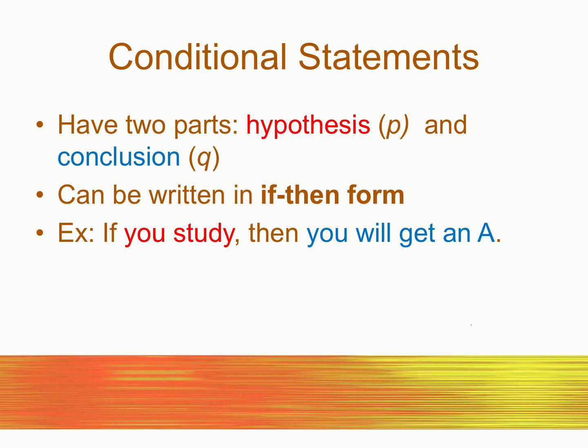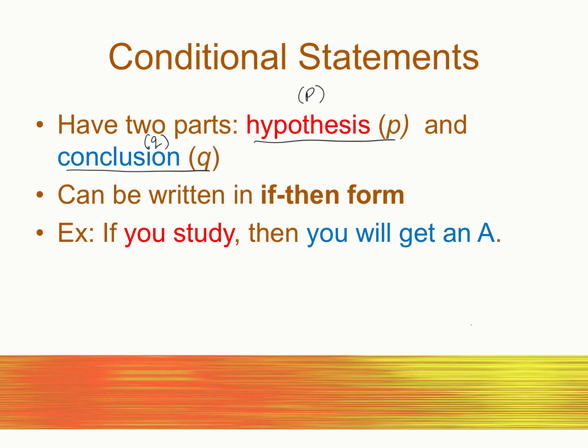So conditional statements basically have two parts, okay? They have the hypothesis part, and then they have the conclusion part. We identify the hypothesis part with the letter P, for example, and the conclusion we label with a Q, just so we don't have to write hypothesis and conclusion. It's just a shortcut.